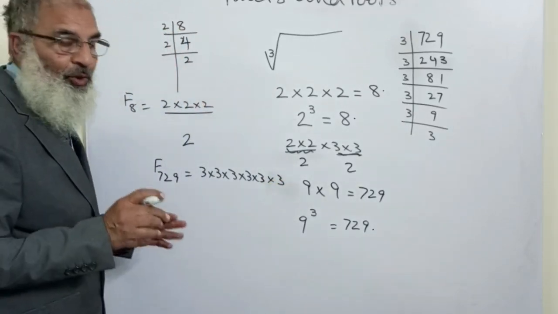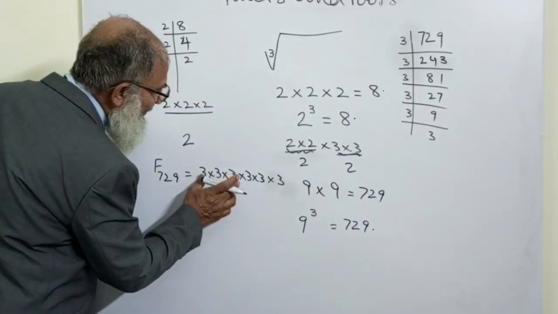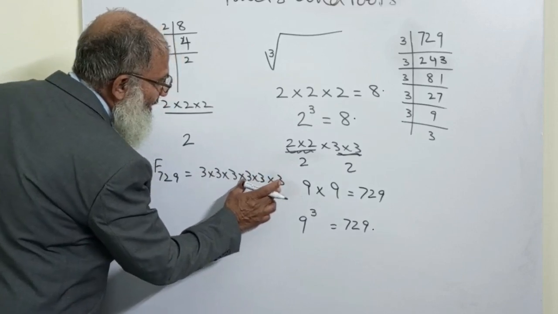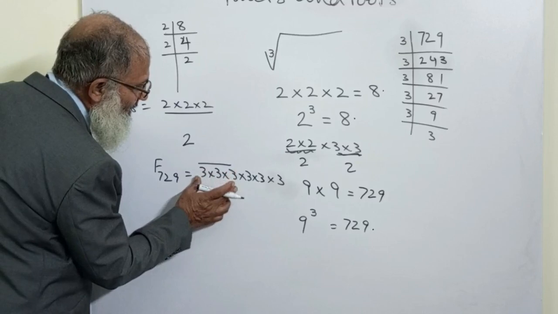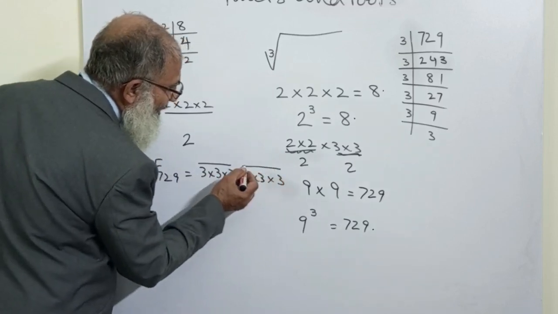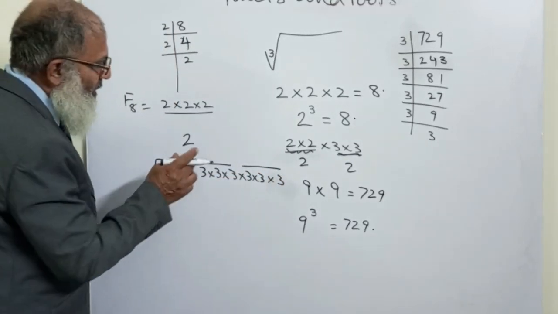So what I told you is to take three numbers as a group, one at a time. Now these are the three numbers and these are the three numbers.